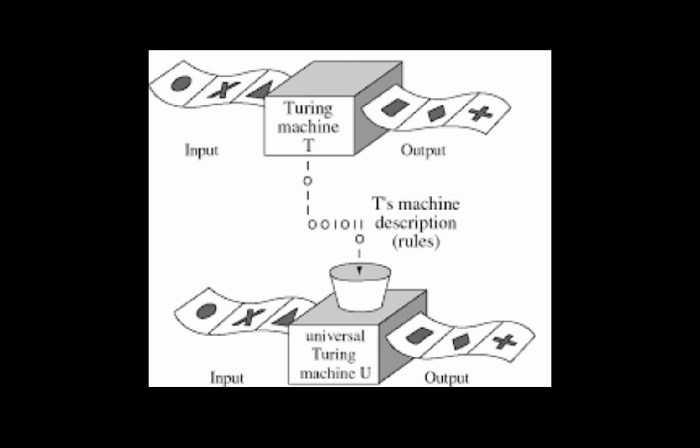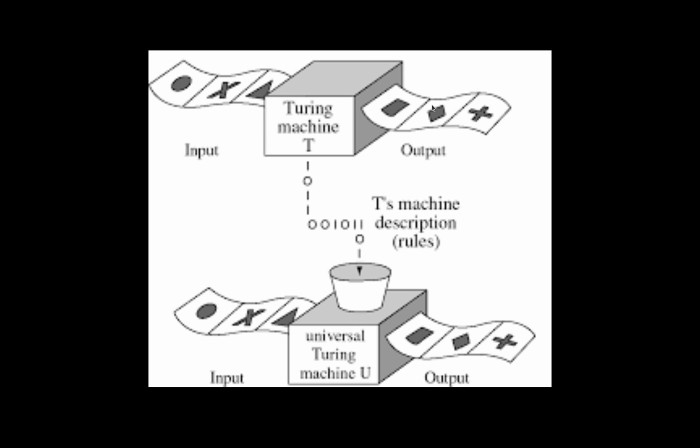So in computer science, we have this foundational concept of a universal Turing machine. A Turing machine is a hypothetical computer that has the ability to read and write data to some sort of storage medium, and it has some sort of rule set associated with it.